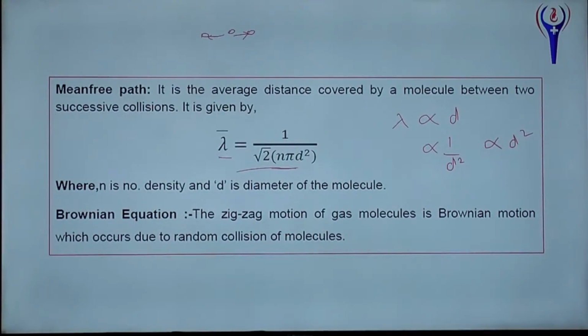Lambda is proportional to 1 by d square, or inversely proportional to d square, is the correct answer. Here n is the number density. Next, Brownian motion. Brownian motion is the zigzag motion of gas molecules which occurs due to random collision of molecules. Noted?